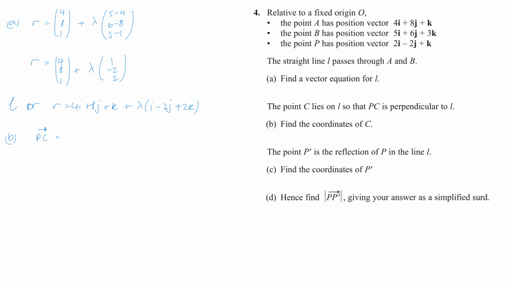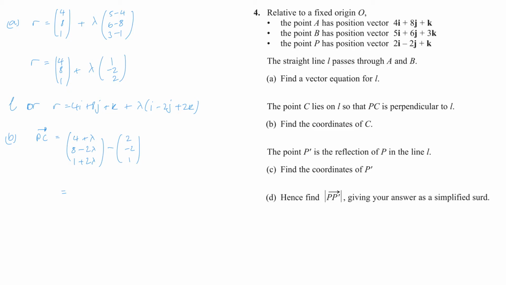PC is, so C is a general point on L. So PC is C minus P. So C, a general point, would be 4 plus lambda, 8 minus 2 lambda, 1 plus 2 lambda. So it's just from L from here, isn't it? General point minus P, and what's P? 2, minus 2, 1.